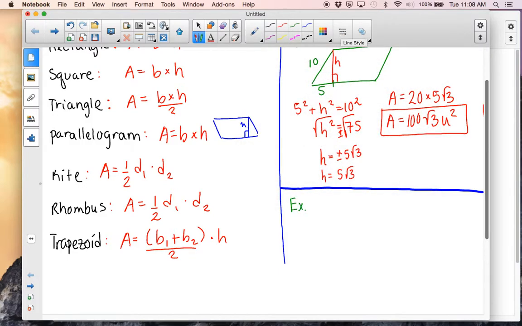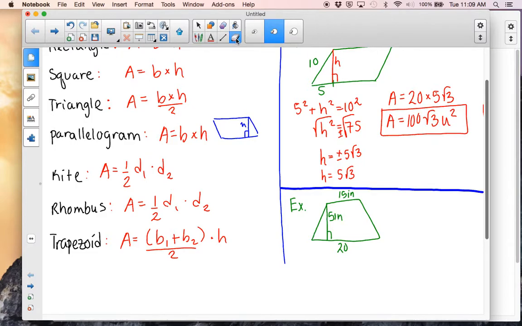Okay, let's say I tell you you have this trapezoid. And remember the height for the trapezoid, same thing as the height for parallelogram. So let's say the height is 5. And let's say this is 15. And down here we'll say this is 20. And we're going to go inches.